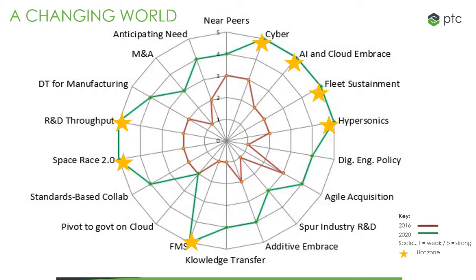The hotter the zone, the further outside the chart it comes. The red one shows the hot zones of aerospace and defense in 2016, just 4 years back, and the green one is the hot areas now. Let me touch upon the key 6 to 7 points, which are the top hot zones in aerospace and defense industries.